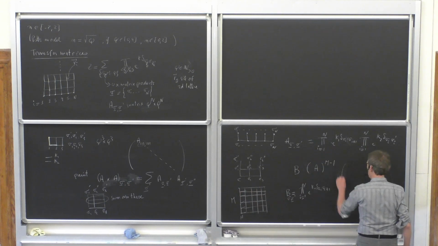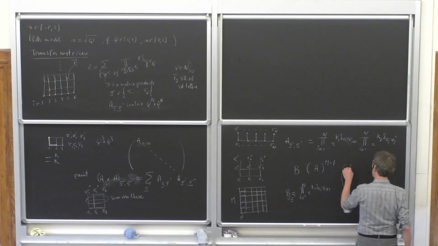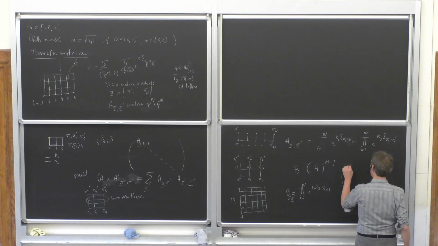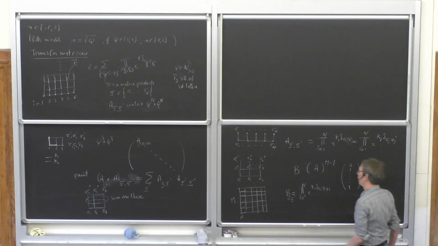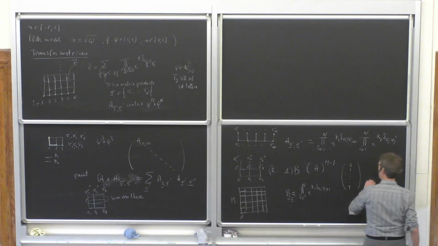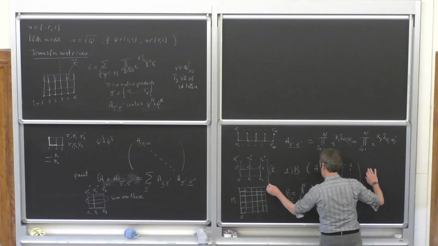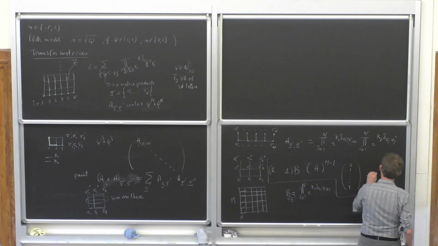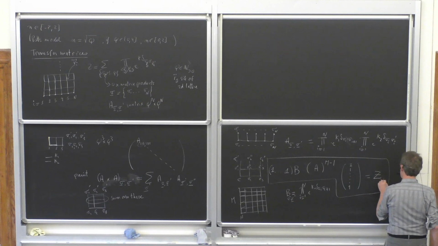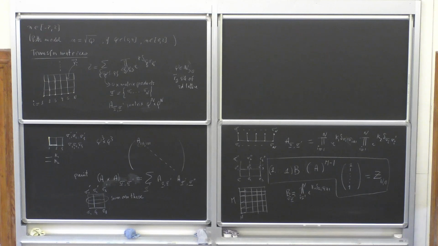This means I have to multiply this by a column matrix made out of ones, and then a row matrix at the other end made out of ones also. This is a number, and now the claim is that the number is exactly equal to the partition function for the system of n and m sizes.